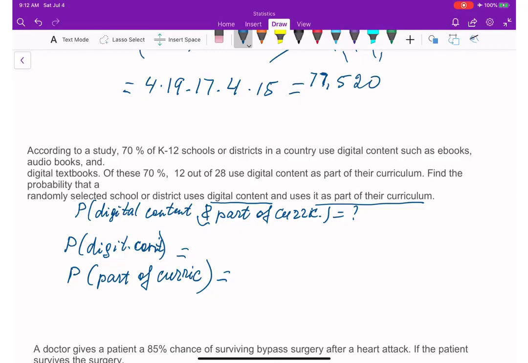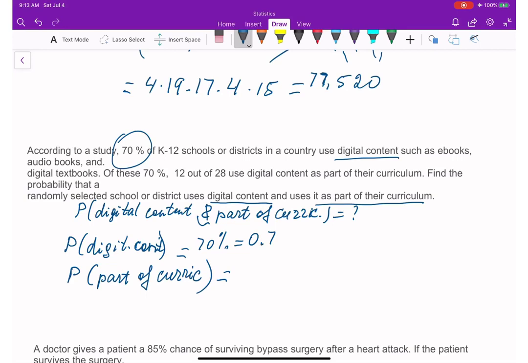How much is the probability of digital content? The study says 70% of districts in the country use digital content, so it's 0.7.